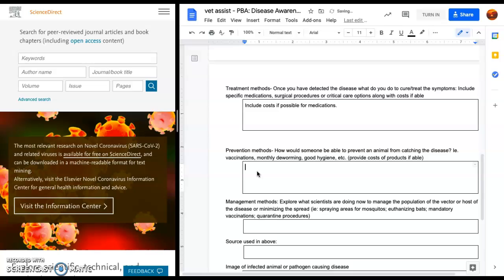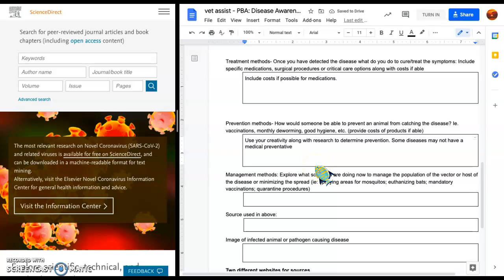So, use your intuition along with research to determine some diseases you might not be able to prevent. Like they may not have a medical preventative, where there's no medical preventative for pancreatitis, it's just a matter of watching what the animal's eating.